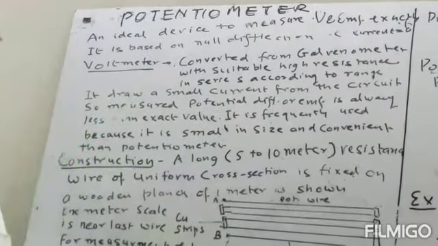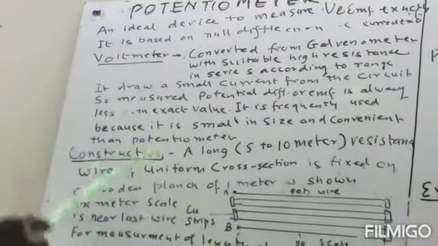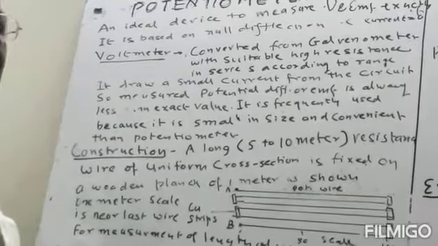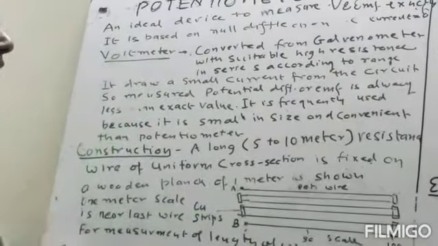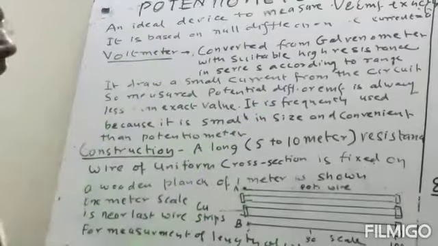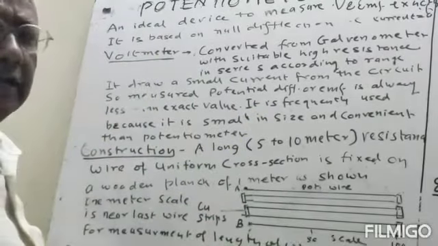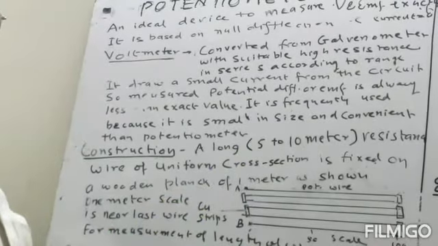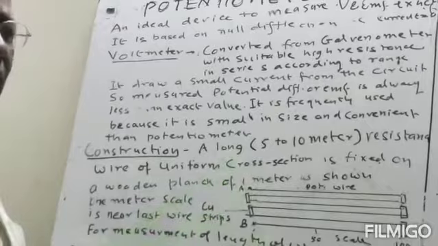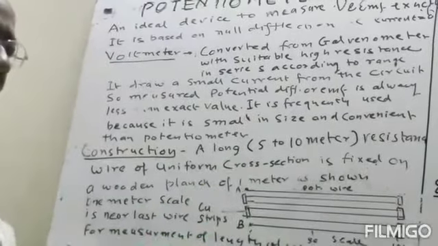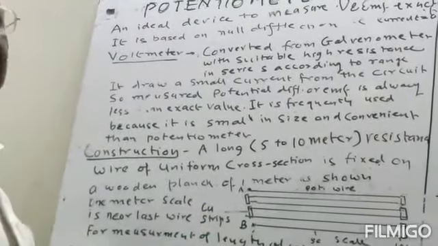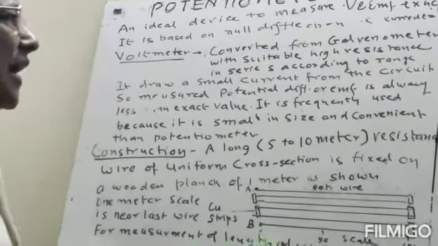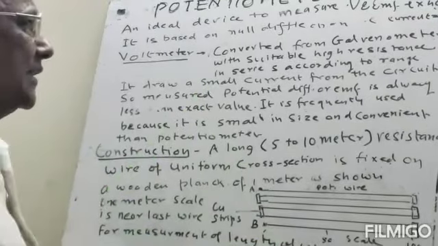Now we can also measure potential difference and EMF by a voltmeter. Then what is the difference? The difference is that the measurement done by the potentiometer is most accurate and correct. It means the potential difference or EMF measured by the potentiometer is always reliable and exact.